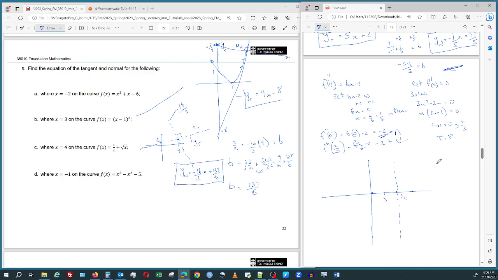So I just want to get some values. The function value when x is 0 is minus 5. So this is when x is 0, the function value is minus 5. Oh, well, that makes sense.